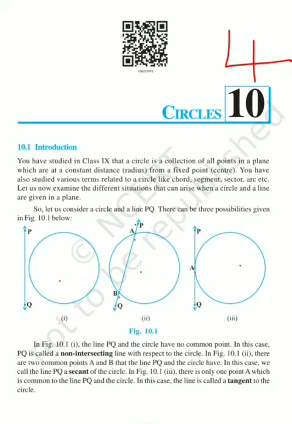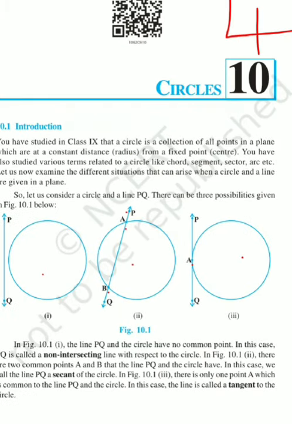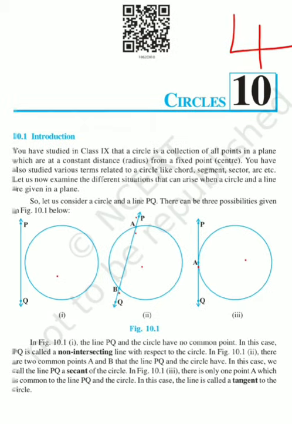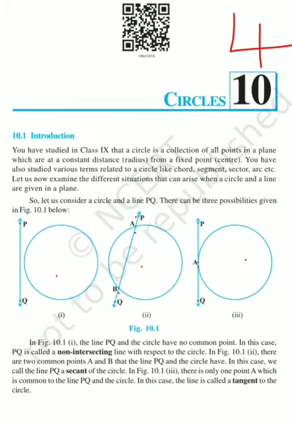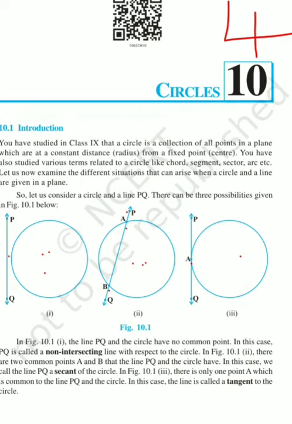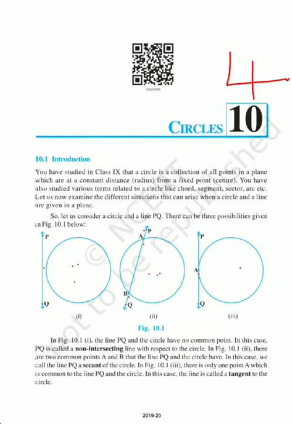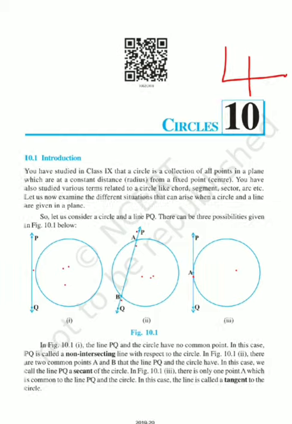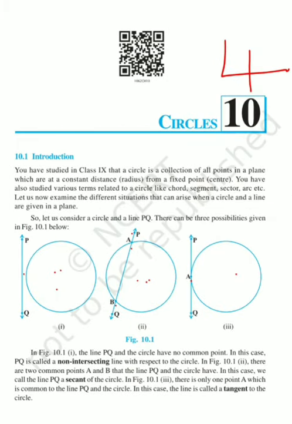Now, in the first figure, the line PQ and the circle have no common points. In this case, PQ is a non-intersecting line with respect to the circle. In the second figure, there are 2 common points A and B that the line PQ and the circle have.